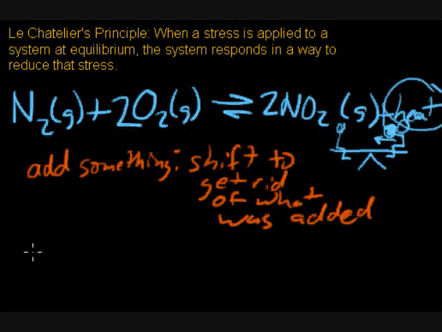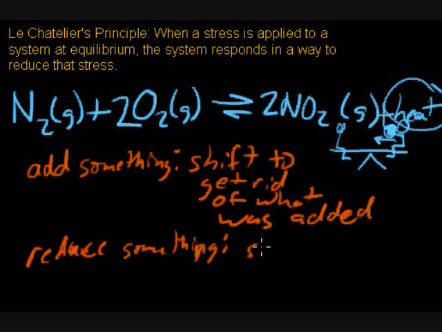If we reduce something, if we get rid of something, then the reaction is going to want to replace it to achieve equilibrium again. So the reaction will shift to replace what was removed.